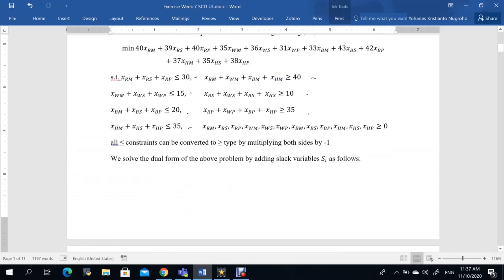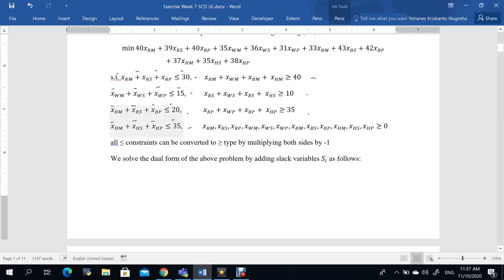Because first we need to convert all less than or equal to constraints into greater than or equal to, we convert this one by changing plus with minus, and also this with minus, okay? And also this one with minus, minus, minus, and also here with minus. Here also minus, minus, minus, and here is also minus. Also for this one, minus, minus, minus, minus.